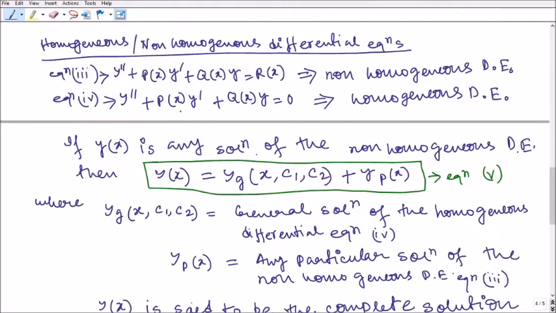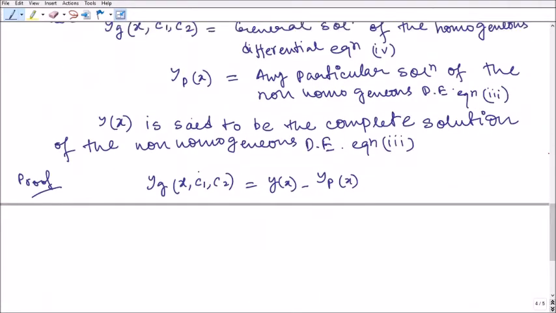So we have to prove that this y of x minus yp of x is the general solution of this homogeneous differential equation. Because y and yp are solutions of the non-homogeneous differential equation, let me first write the homogeneous differential equation: y double dash plus p of x y dash plus q of x y equal to 0.